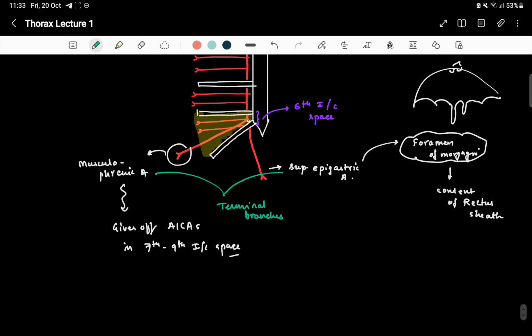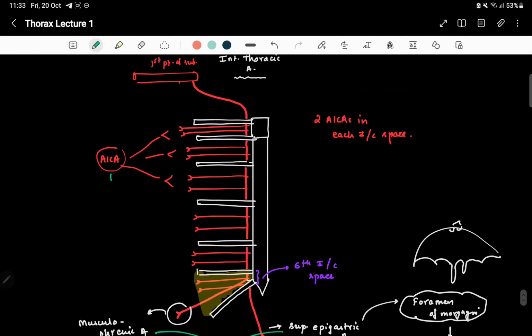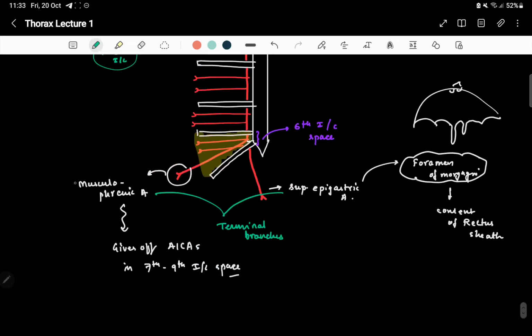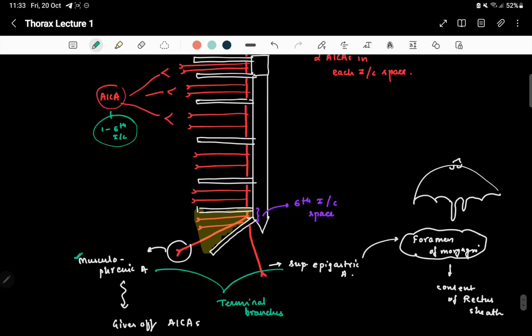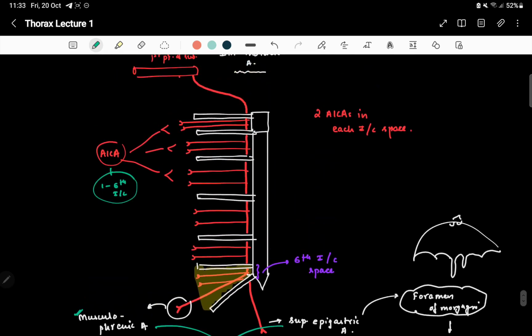Understood? So anterior intercostal arteries are given in your 1st to 6th intercostal spaces, and in your 7th to 9th, the musculophrenic artery itself gives the anterior intercostal arteries.